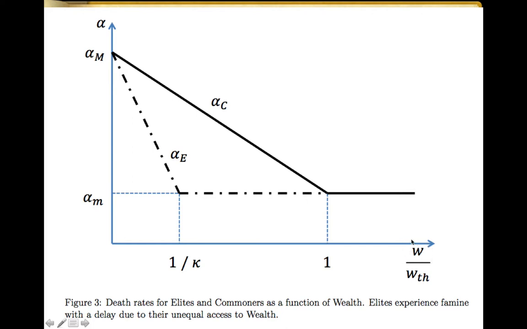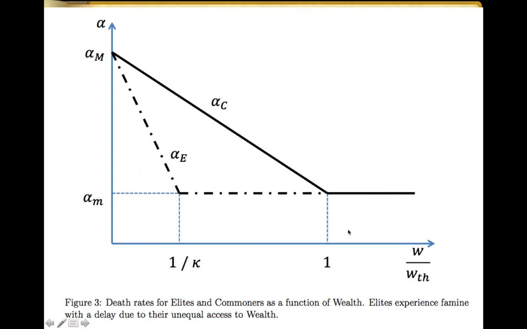If there's a lot of wealth in the system, and this wealth is expressed as a ratio between the wealth in the system and some threshold that we'll define in a second, used to denote the minimum wealth that is required to sustain population, then if you are at values of wealth that are much greater than that minimum threshold wealth, your death rates fall to a minimum.